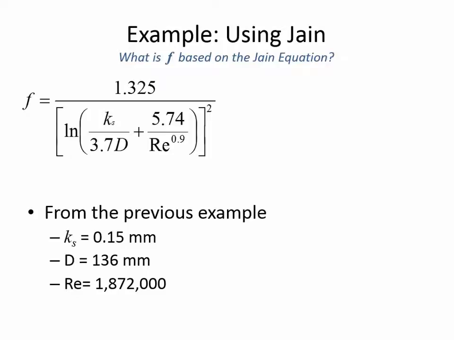We're in the range of values where the Jain equation is going to be accurate. We're in the correct Reynolds number range and the correct k sub s to d acceptability criteria. So it works out to match really nicely. There wouldn't be any problem with using the Jain equation for this example. Any questions on the Jain equation?